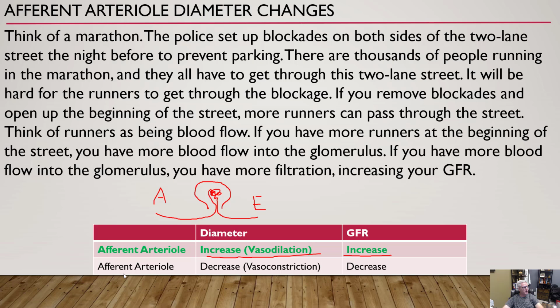On the flip side, if we decrease or vasoconstrict our afferent arteriole, we're decreasing the amount of blood that can get into the afferent arteriole. Therefore, we are going to decrease the glomerular filtration rate. So this would be an example of increased blood pressure.